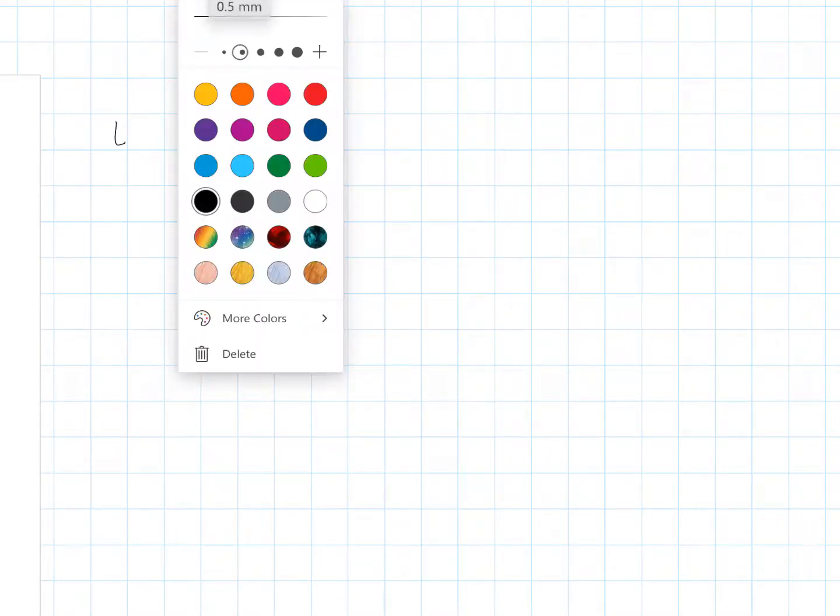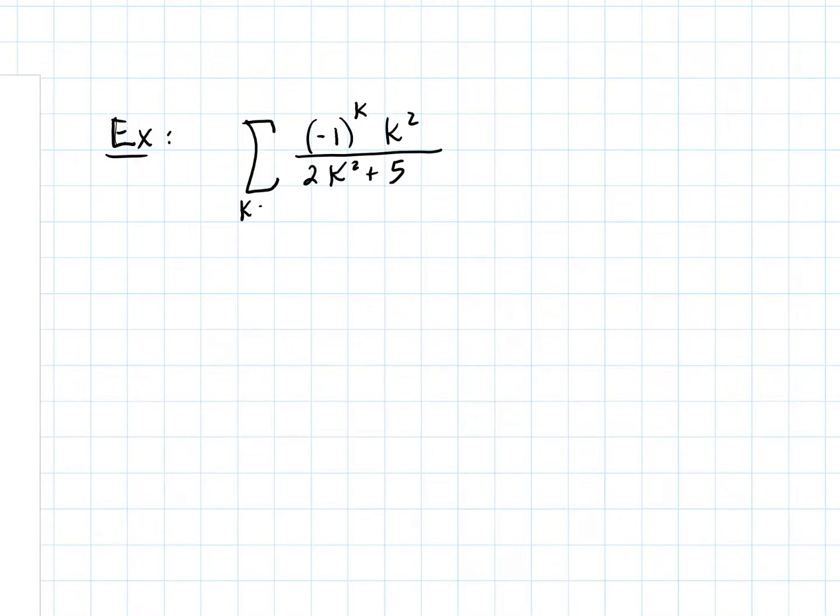So here would be a little example of this. Let's say I come across something of the form (-1)^k k squared over 2k squared plus 5, from k equals 1 to infinity.